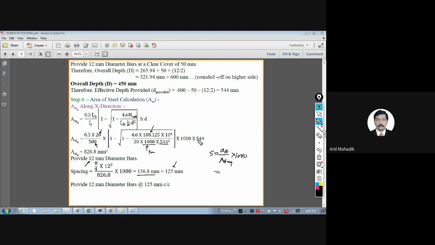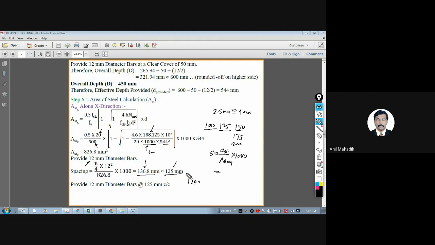Generally, whenever we provide spacing in slab and footing, it should be in multiples of 25 mm, or 1 inch. So we can say 100 mm, 125 mm, 150, 175, 200. Even though it is 136, I am not providing 130 mm.